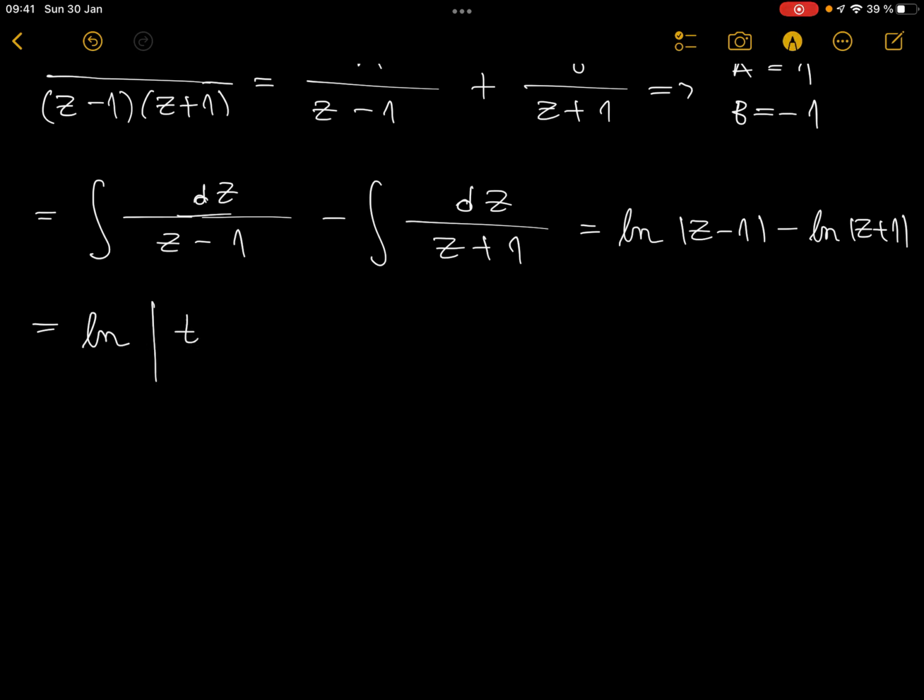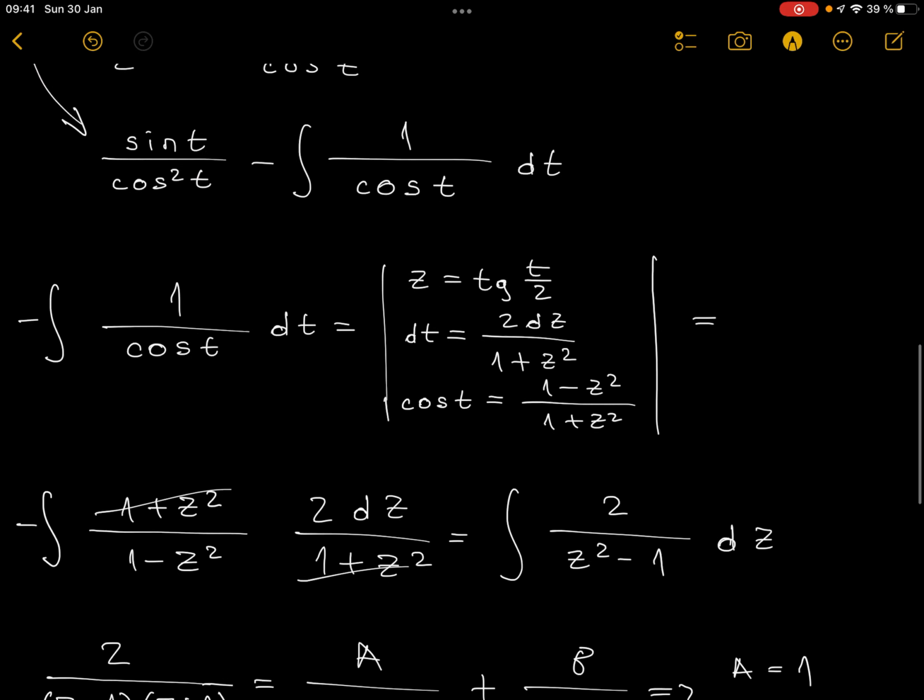Okay, ln of tangent of t over 2 minus 1 minus ln of tangent of t over 2 plus 1.